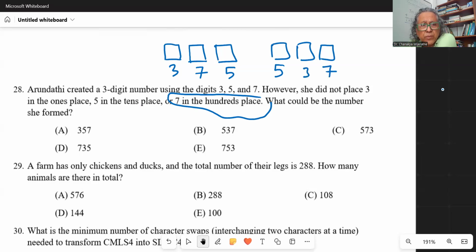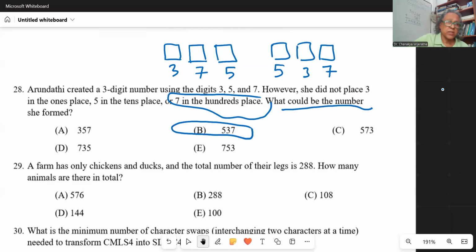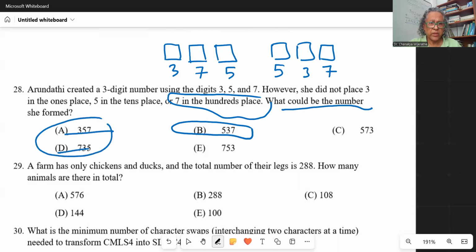So there are actually 2 numbers that we can form: 375 and 537, and only one of them is given here, which is 537. What could be the number? So these can't be, right? No way, right? No way, right? So this could be, right?